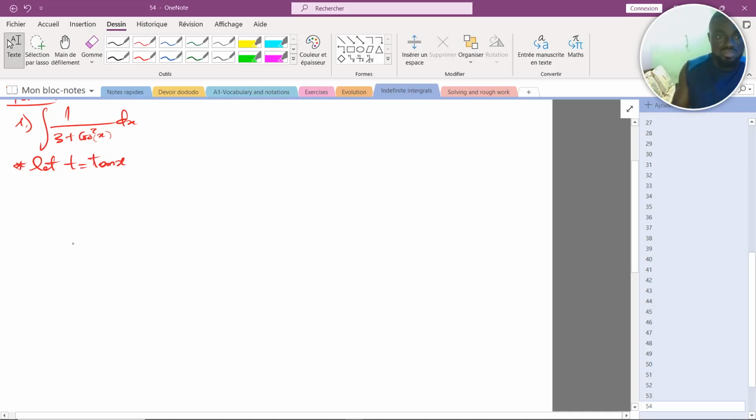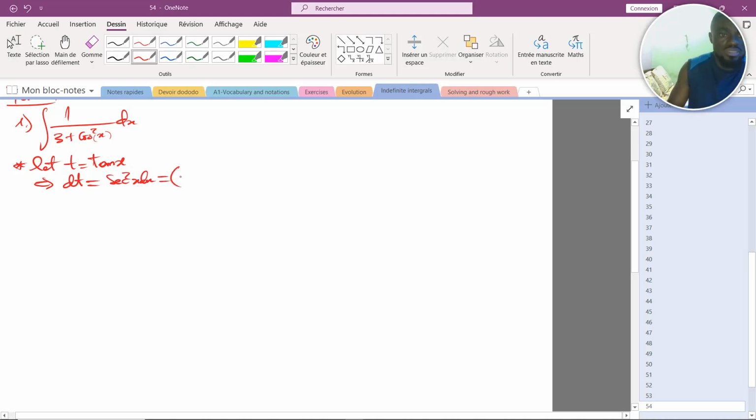I don't know if you are getting what I'm saying. From here I will first of all find dx. I differentiate, which gives dt because I have 1 times dt. Differentiating implicitly, the derivative of tan x is sec square x dx, because I was differentiating with respect to x.